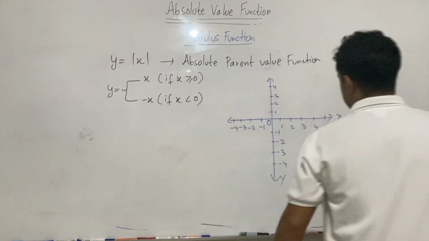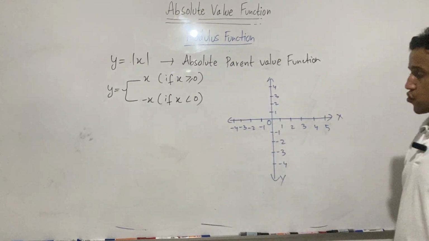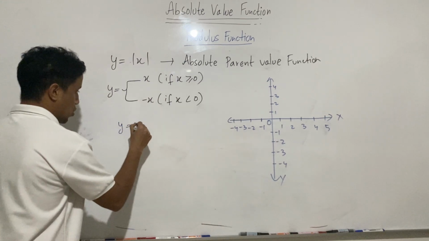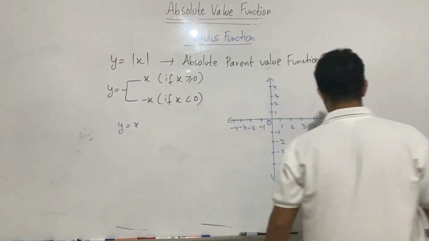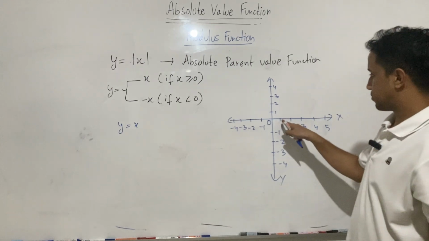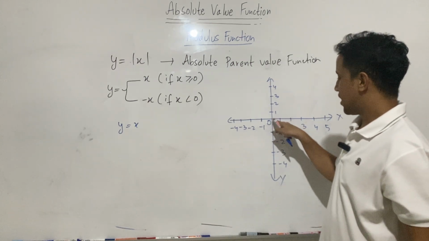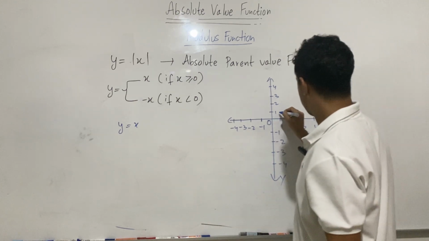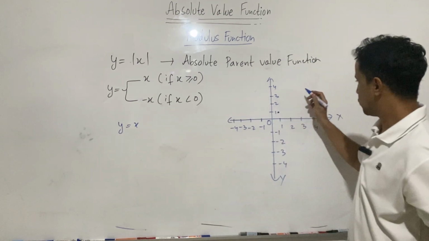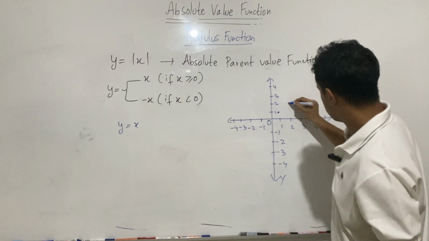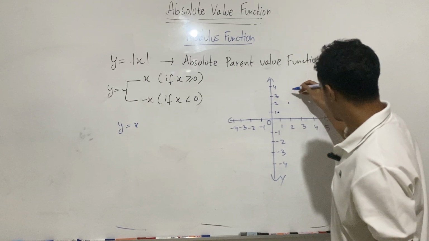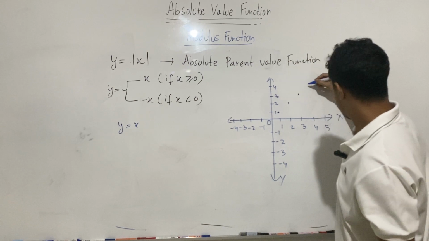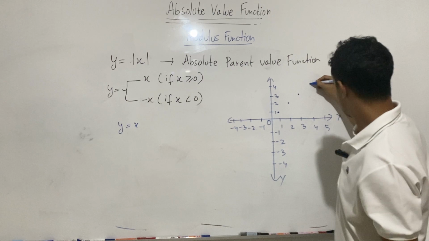If you draw the graph of y equal to x, see here, what does it mean? When you put x as 1, y is going to be 1, x as 2, y is 2, this one 3, this one 4, y is 4.